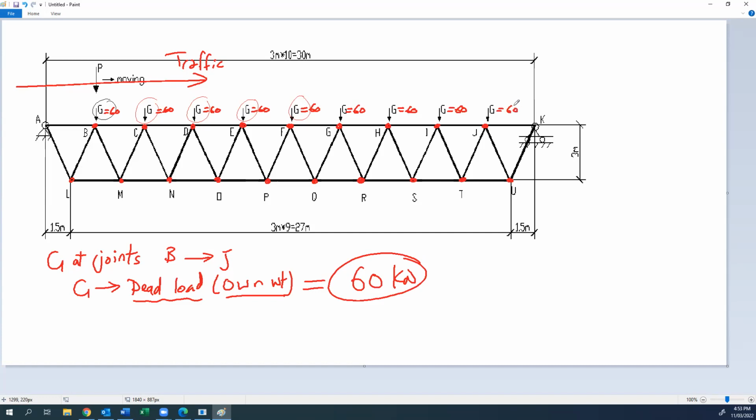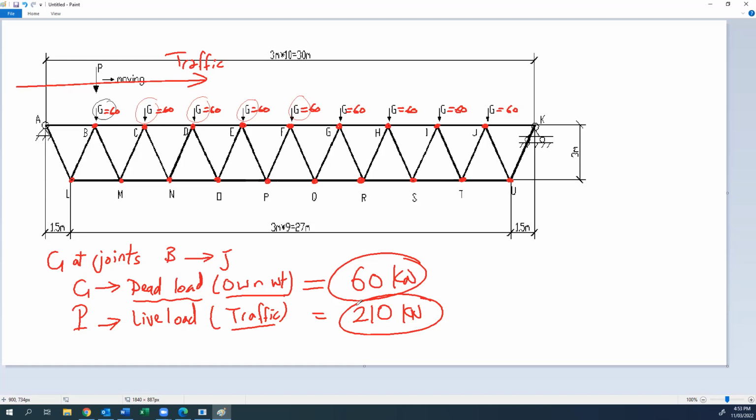What else will be applied to the truss? The traffic load, which is B, or the live load, because this is a bridge, so it is a traffic load: cars, trucks, buses, whatever. It is given that this live load is 210 kilonewtons. But what do you expect?